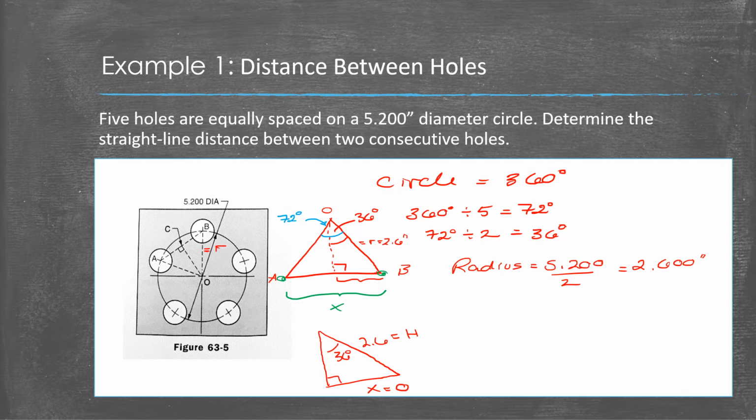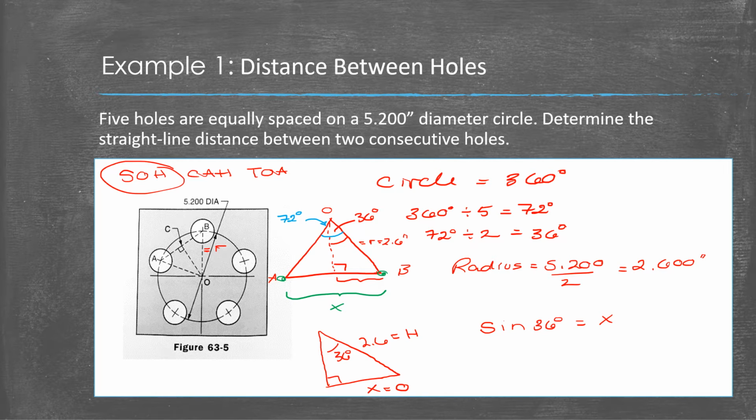So going back to our ratios, sine, cosine, and tangent, which one uses opposite? SOH, CAH, TOA. If you're not sure, write it down. Sine uses opposite and hypotenuse. So the sine of the angle of 36 degrees is equal to opposite on the top.